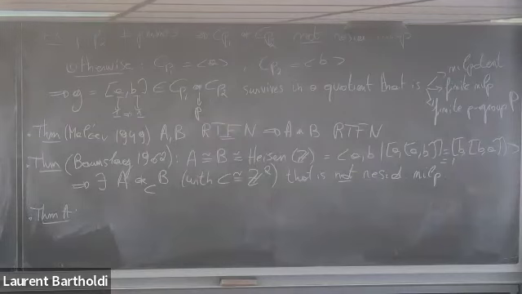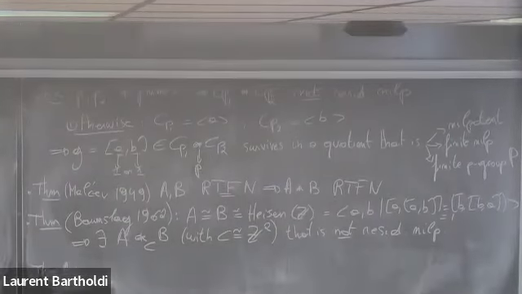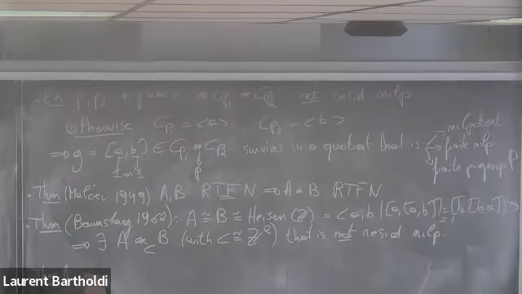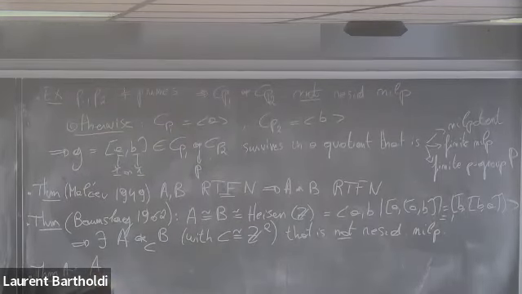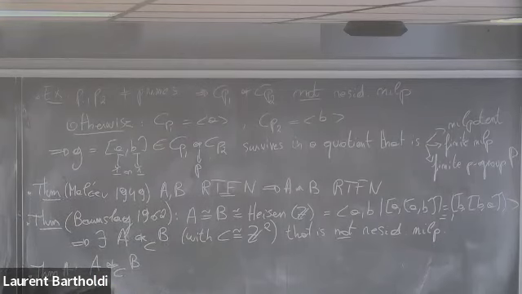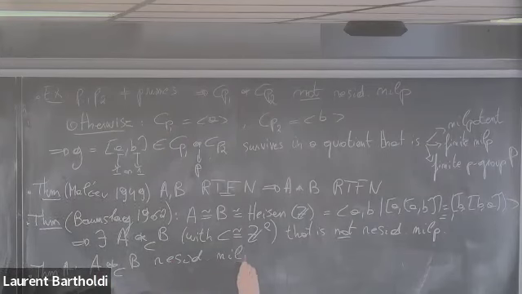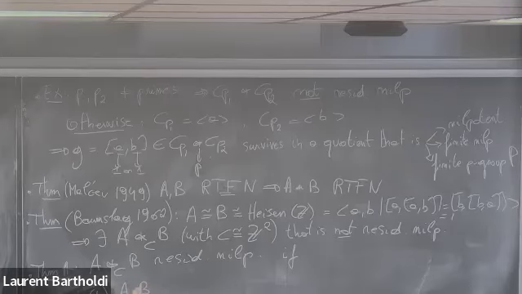But about amalgamated products of groups, what I want to mention is this theorem that gives natural sufficient conditions for an amalgamated product to be residually nilpotent. So this is the case if, first, A and B are nilpotent.